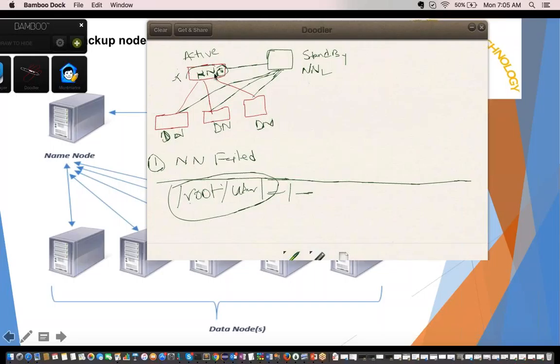Let me take a small diagram to explain this. They came up with a new feature called Hadoop Federation. What will this Hadoop Federation do? Please bear with me guys, I may be bad at diagrams.